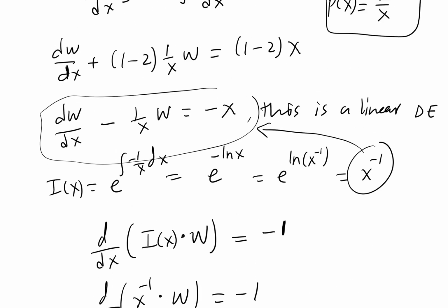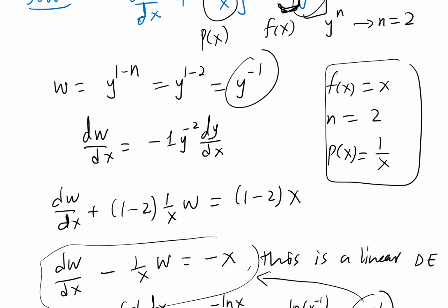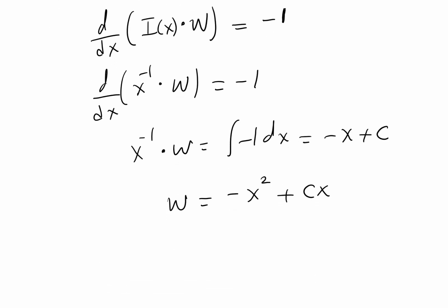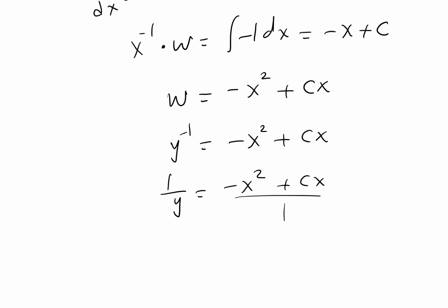What was w? w is y to the negative 1, because originally we wanted to solve for y. And now this is 1 over y, which is over 1. You can flip both sides to get y equals 1 over negative x squared plus cx.